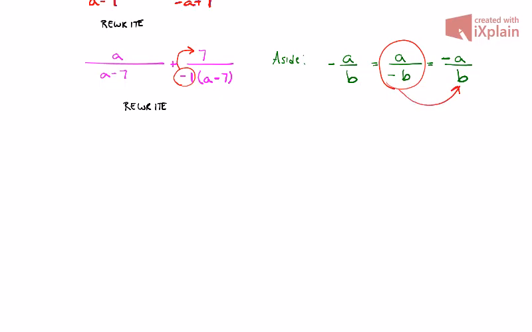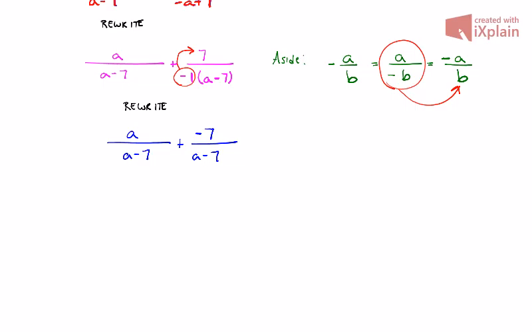So now I have a over a minus 7 plus, well, since I'm floating the negative up there, it becomes a negative 7, or negative 1 times 7 gives you the negative 7, all over a minus 7.